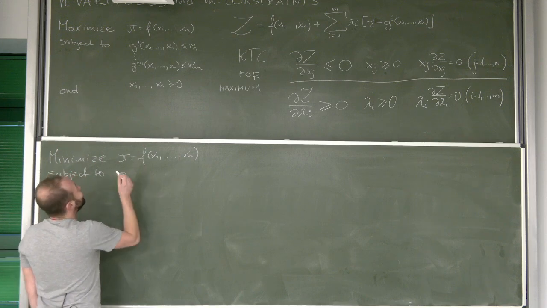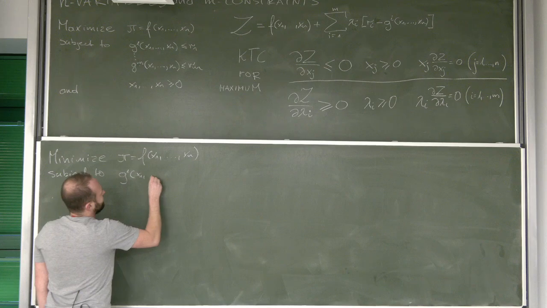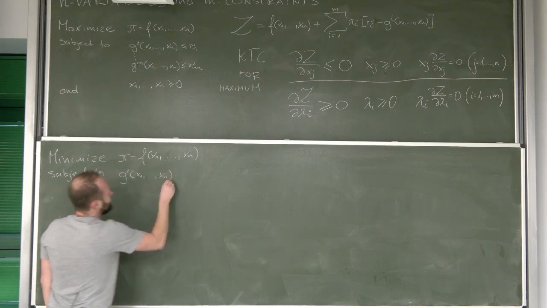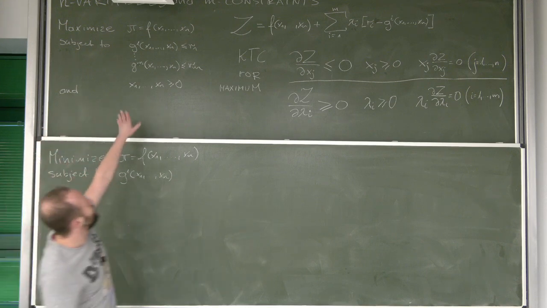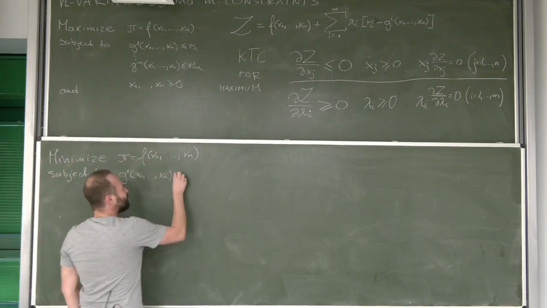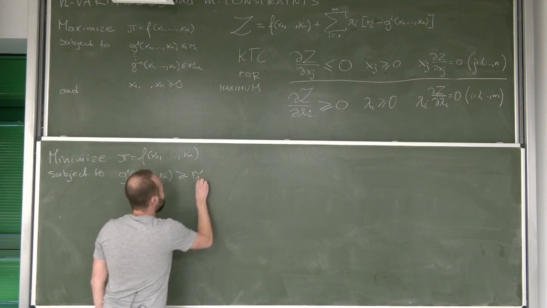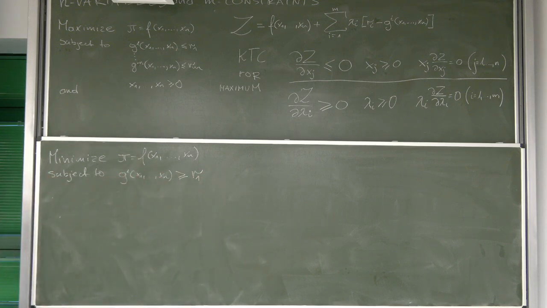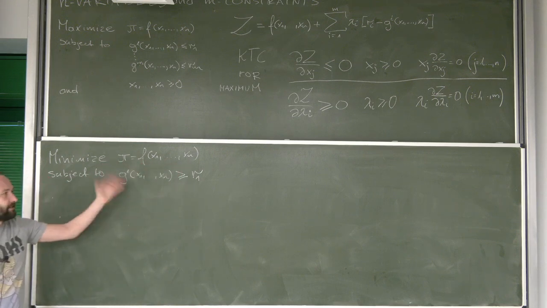However, as this is a minimization problem, instead of requiring constraints to be lower than some r, it is usually better to have them higher, requiring the inequality that constraints are higher than some r.